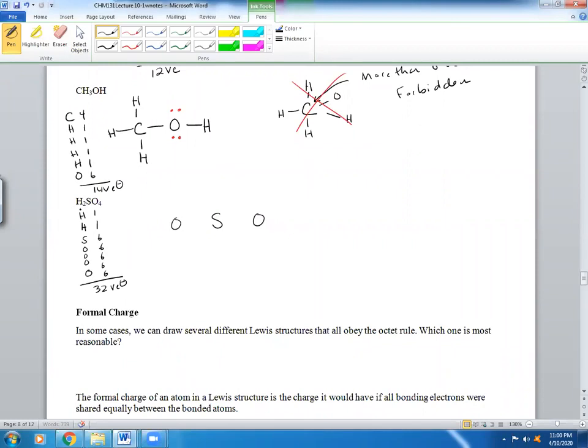H2 and then SO4. So these are acids, right?